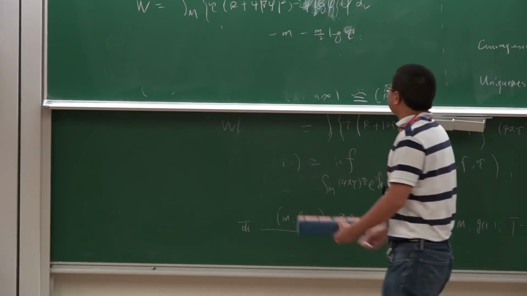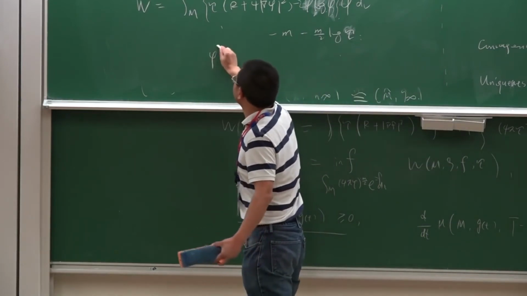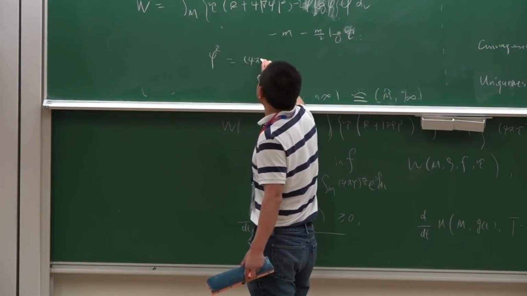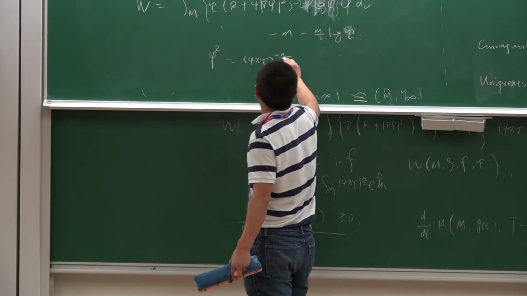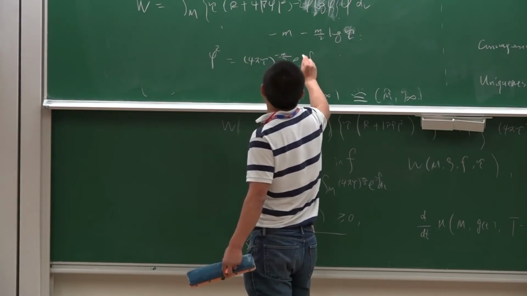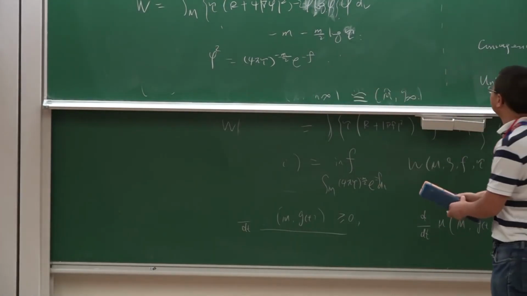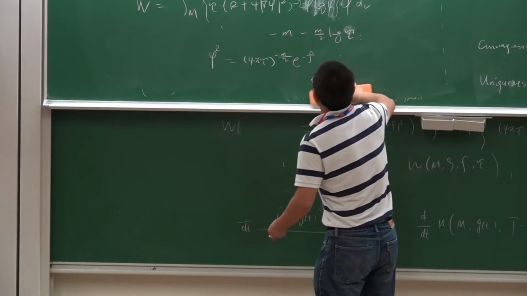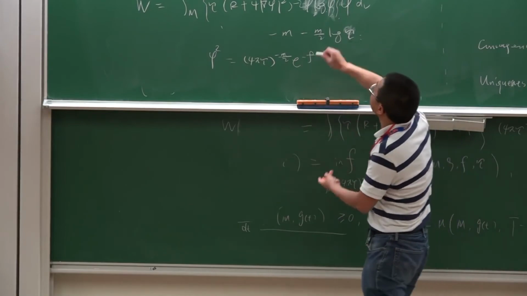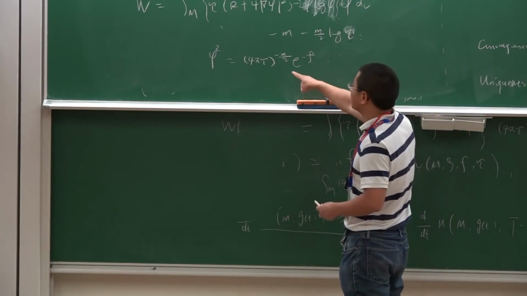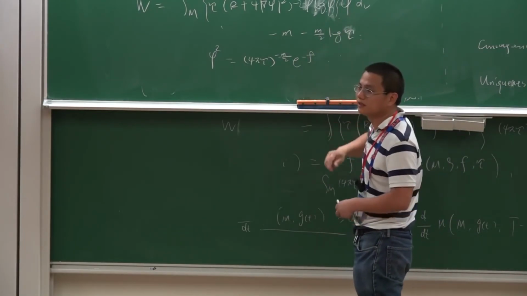Here you choose phi squared equals this. I found it more natural to consider the W functional in terms of phi.